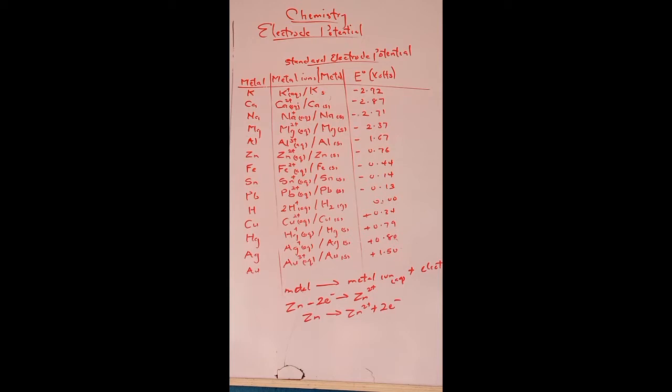This zinc solid, when it changes to an ion, becomes zinc aqueous. Some zinc atoms become zinc ions, and the zinc rod becomes negatively charged as a result of the accumulation of electrons.